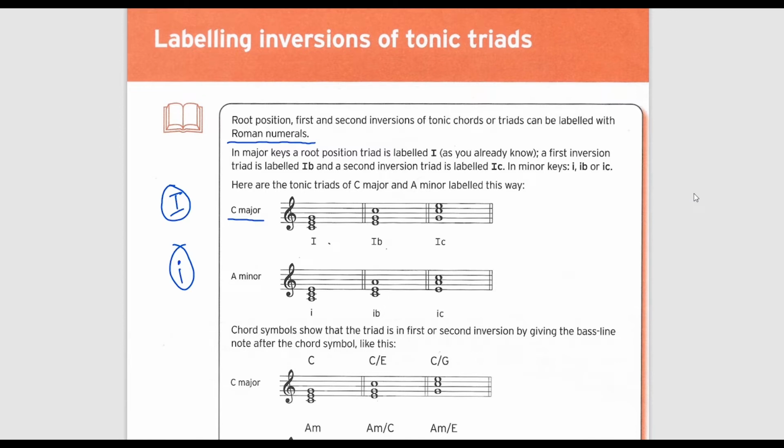You can see here, this is the first inversion. If the root position is C, E, G, you know this is the first note, so this is the first inversion.